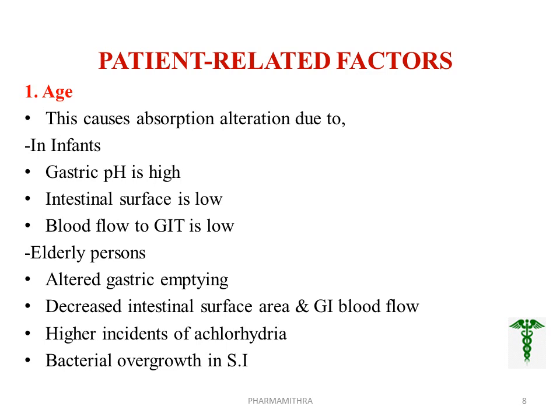But in the case of elderly persons, there is altered gastric emptying, decreased intestinal surface area and GI blood flow, a higher incidence of achlorhydria, and bacterial overgrowth in the small intestine. Due to this, we can see variation in infants as well as elderly persons.